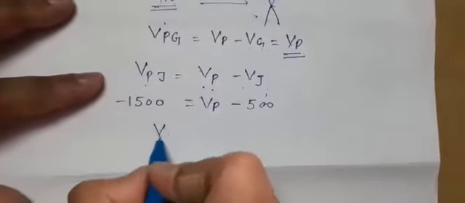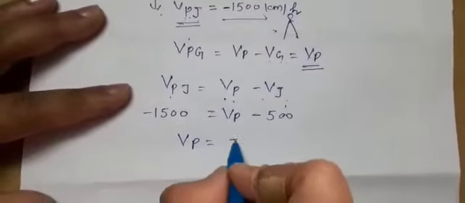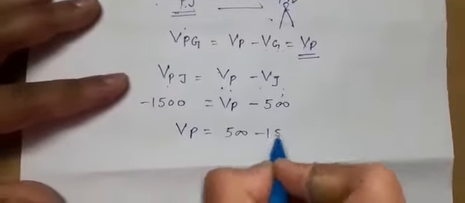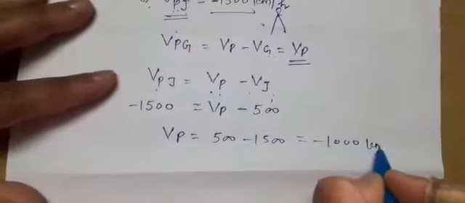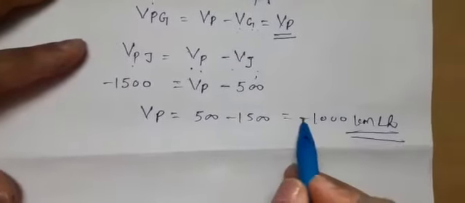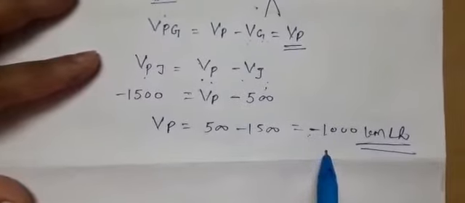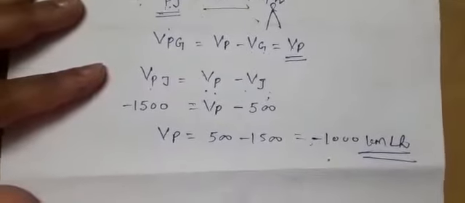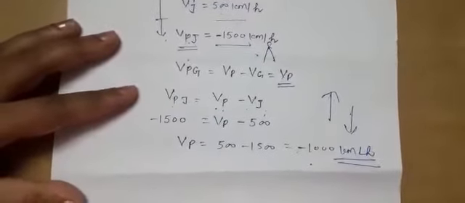Now just rearrange the terms. VP on this side, you are taking it on the same side, that is 500 minus 1500, it will be minus 1000 km per hour. It's a negative sign. The negative sign indicates that the direction of the product of combustion is opposite to the direction of the jet plane. The jet plane is moving upward, then obviously the product is coming in the downward direction.